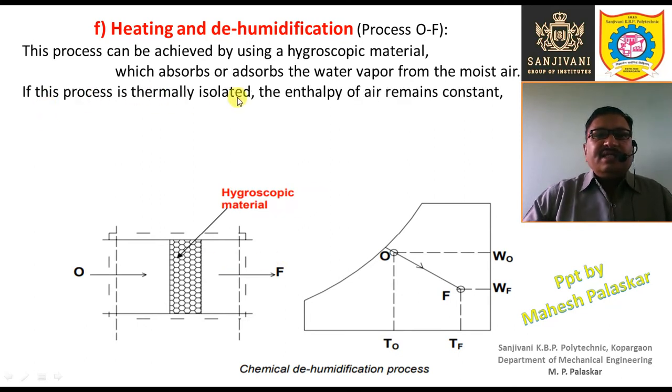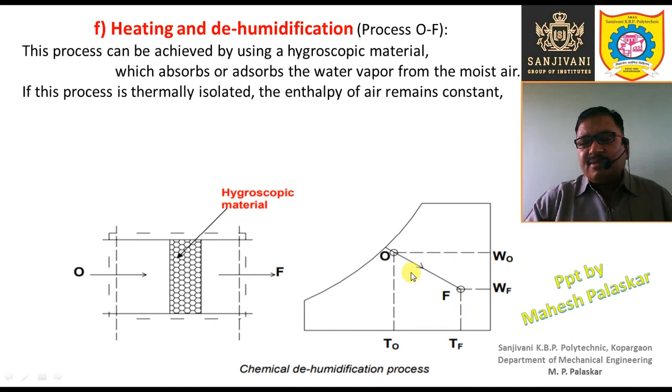If this process is thermally isolated, then the enthalpy of the air remains constant. If the process is thermally isolated, that means there is no heat transfer from the external side, then this will be a constant enthalpy line. There will be no change in the total enthalpy, right? We can see here that the latent enthalpy decreases and the sensible enthalpy increases.